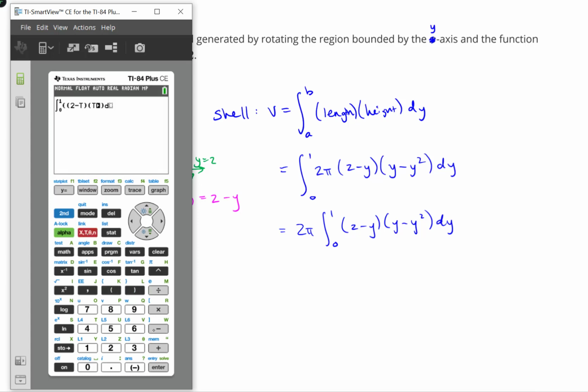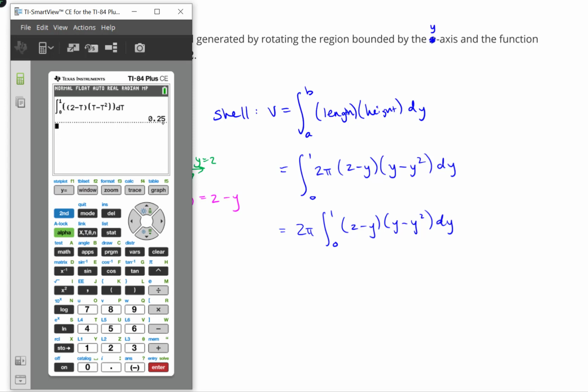I'll just use the t, that's fine. T minus t squared. I just have to make sure I integrate dt in the end so that I'm integrating with respect to the correct variable. It looks like I might be missing a set of parentheses. Let me go back in here and add one more. That closes that parentheses. We should be good.